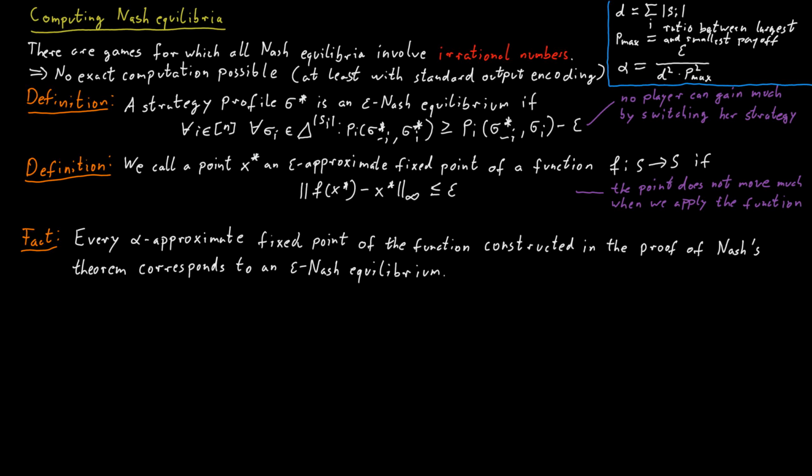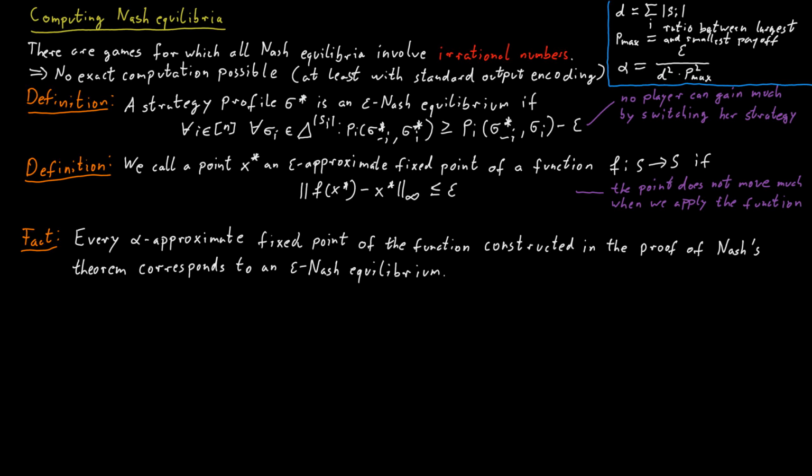So our hope is this: if we divide the domain of the function into simplices which have a small enough diameter, and then find one of those simplices that is fully colored, then maybe that will correspond to an alpha approximate fixed point.